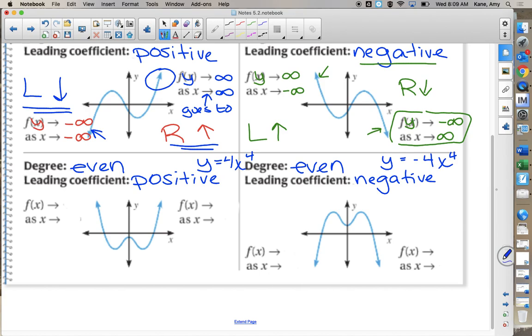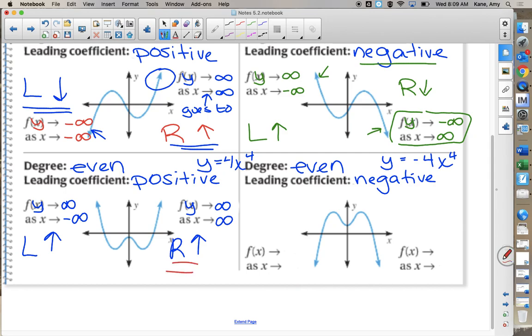X squared is an even power. The parabola had both go up or it had both go down. So looking at the fancy algebraic notation, y goes to positive infinity on the left side, or we could just say the left side goes up. Y still goes to positive infinity on the right side, or we could say the right side goes up.